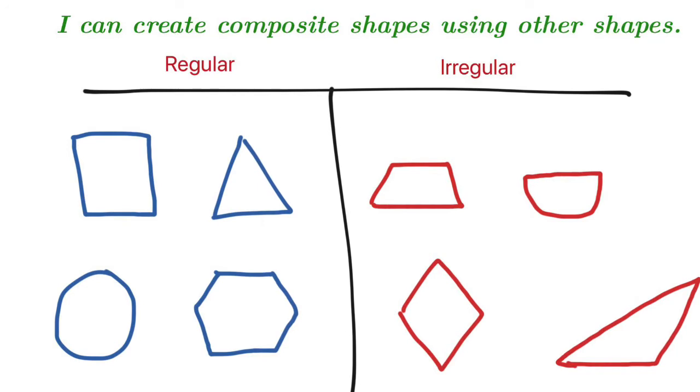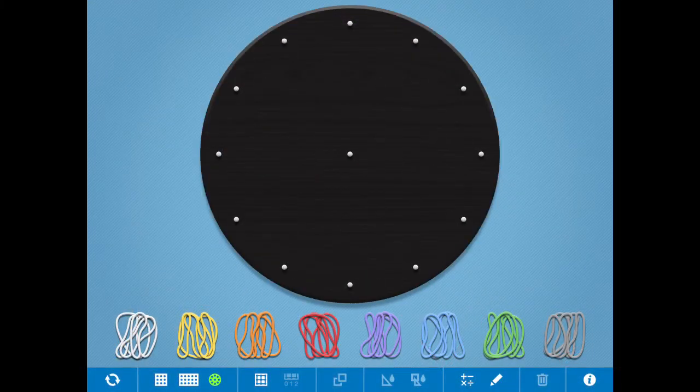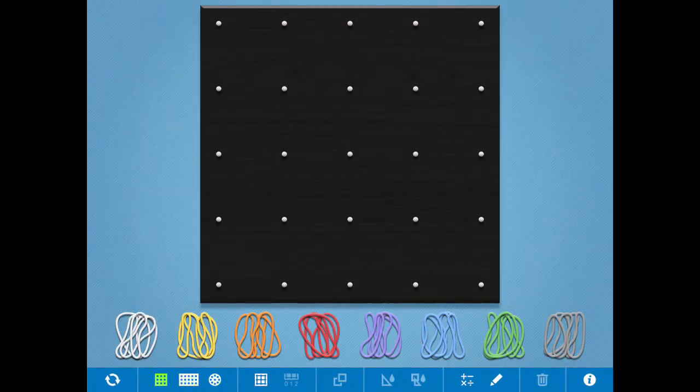Today we're going to use both of these kinds of shapes to make another regular shape. I'll show you what I mean using the geoboard. Here I'm using my geoboard, and you can pick whichever shape you want for your geoboard, but I'm going to use this one for now, and I'm going to show you how we can use more than one shape to make a regular shape. So I'm going to start by taking a rubber band, and I'm going to make a square like this.